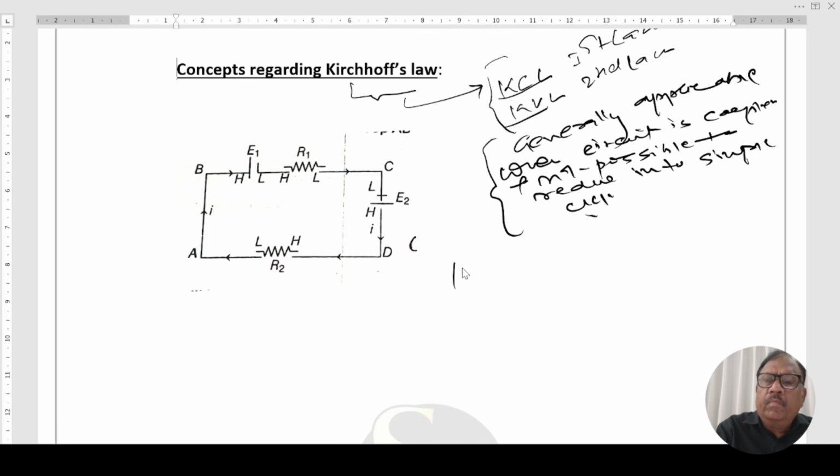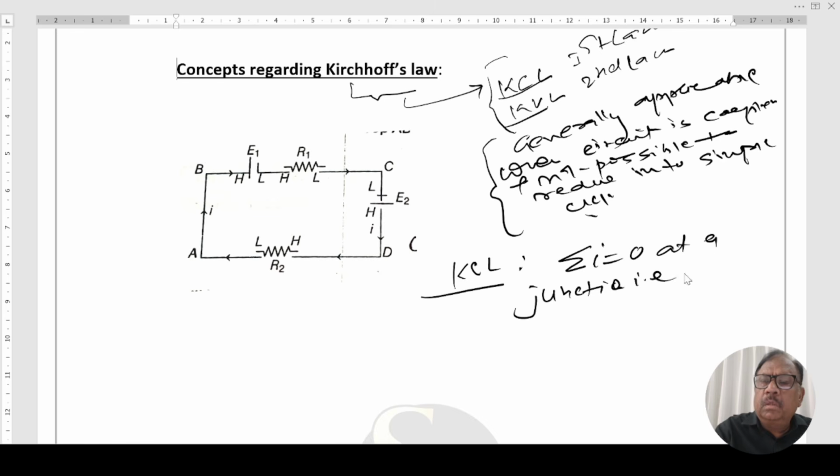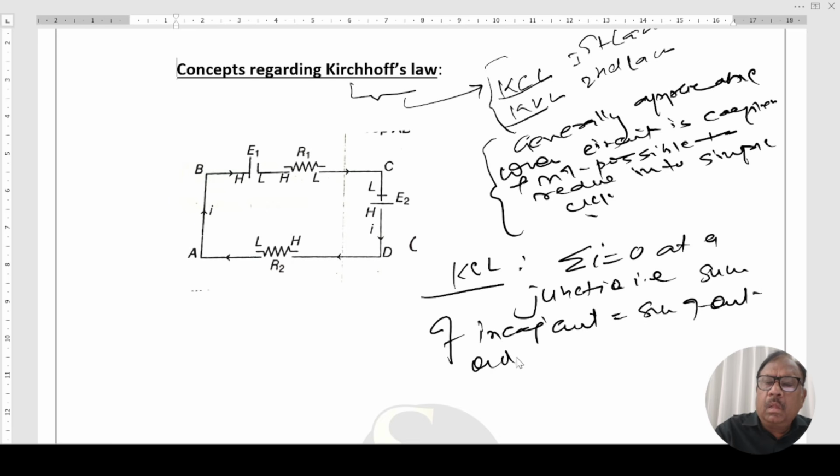KCL, Kirchhoff current law. Summation I equal to 0 at a junction. That is, sum of incoming currents equal to sum of outgoing currents.